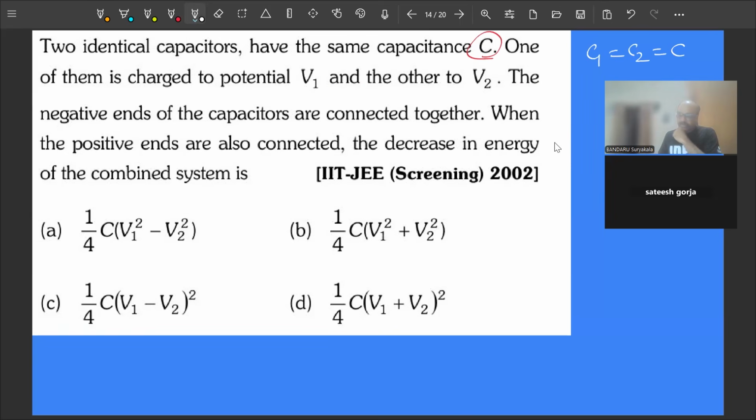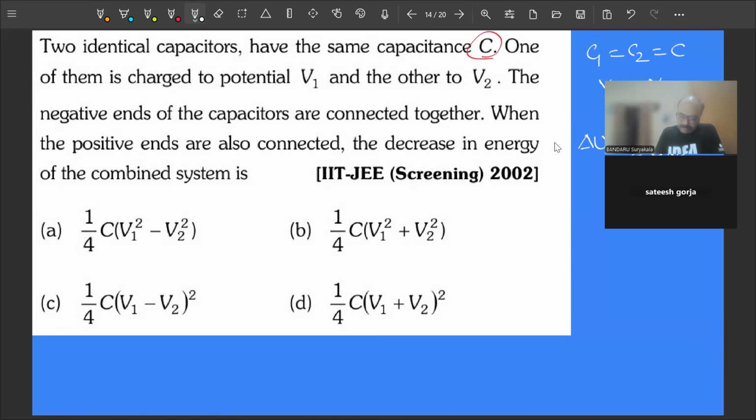The negative ends of the capacitors are connected together and the positive ends are also connected together. They ask the decrease in the potential energy. So the loss in potential energy formula is half C1 C2 by C1 plus C2 into V1 minus V2 whole square.